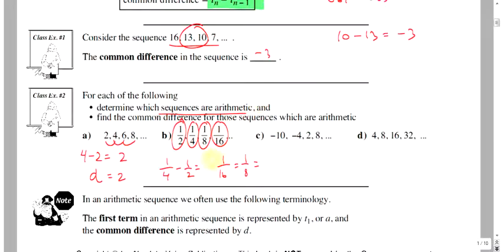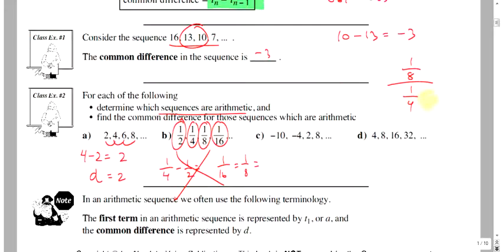This is not arithmetic. Okay? It's geometric. What am I multiplying each time? 1/2. Okay? A half times a half is a quarter, times a half is an eighth, times a half is a 16th. What's an eighth divided by the previous?